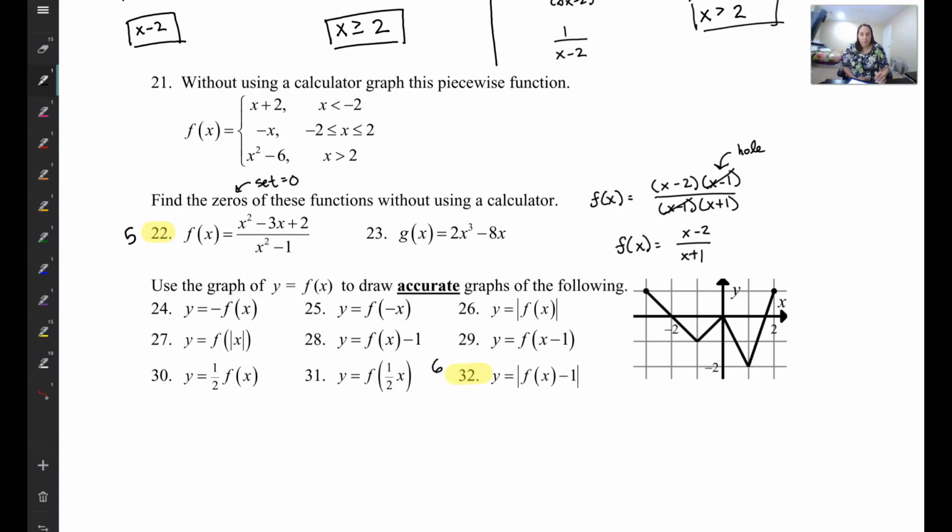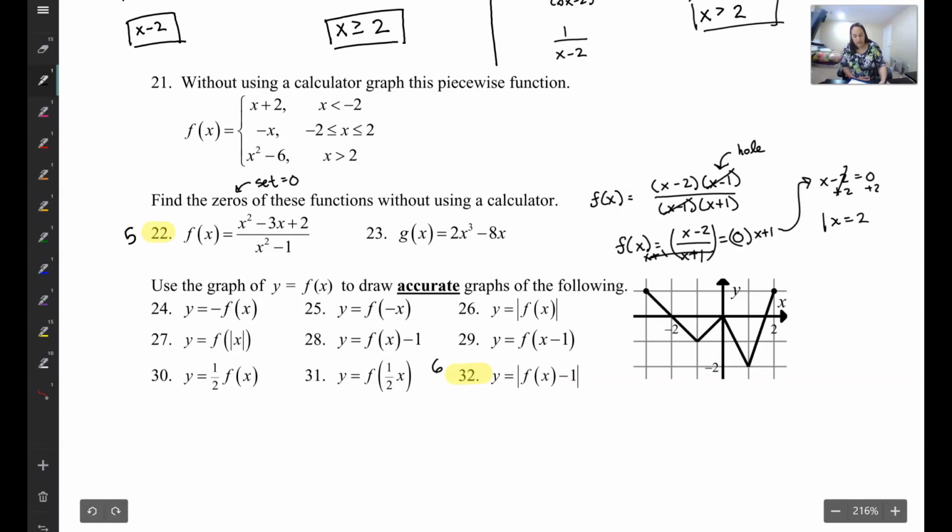Now that we've simplified f of x, we can set it equal to 0 and solve for the zeros. So multiply both sides by x plus 1. So you get x minus 2 equals 0. Add 2. So our zero is x equals 2.